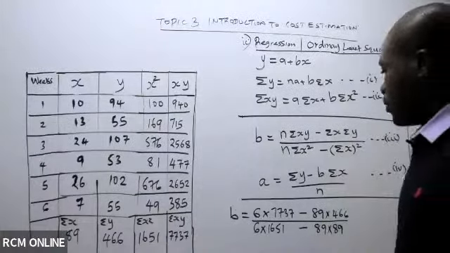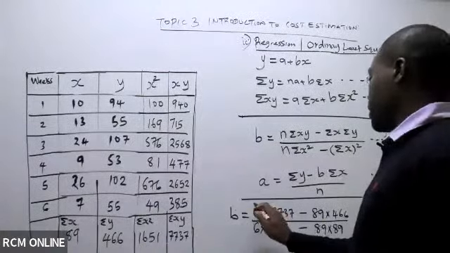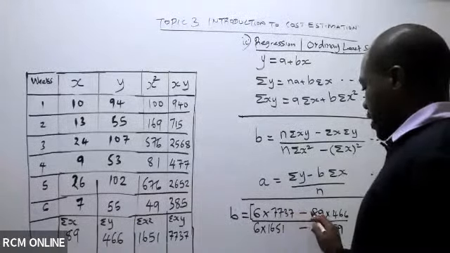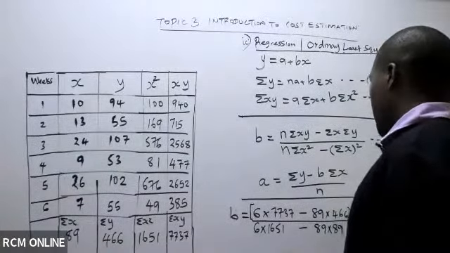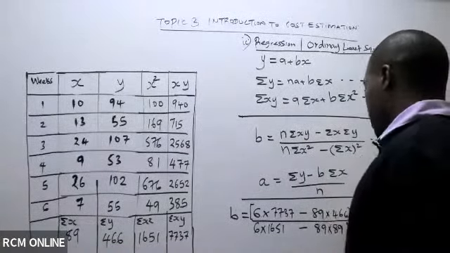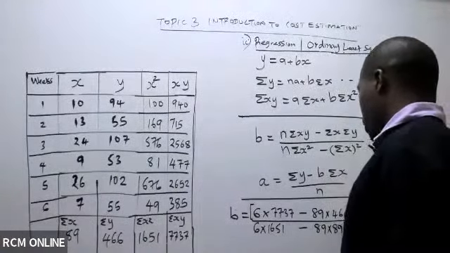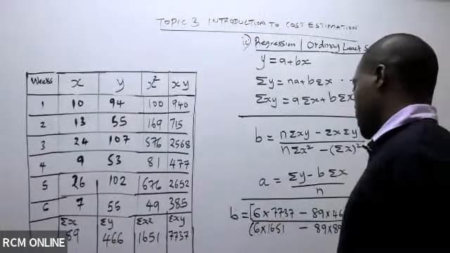Good. Now, if you know how to use your calculator, just go to your calculator, open this bracket here, and write everything the way it is. 6 times 77, 37 minus 89 times 4, 66, close the bracket. Then you say divide by, and put all of this in a bracket.